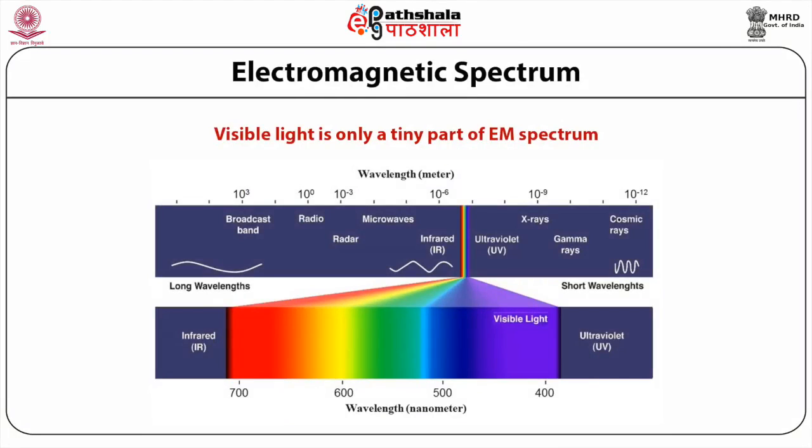So now, after having the idea that light can be considered as a collection of classical waves, we talk about the electromagnetic spectrum.